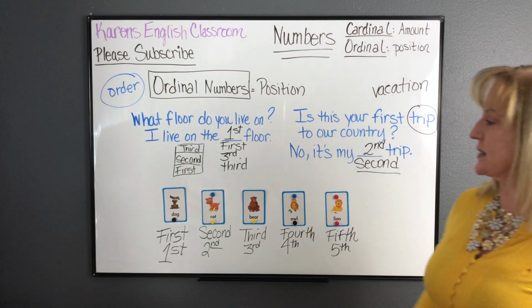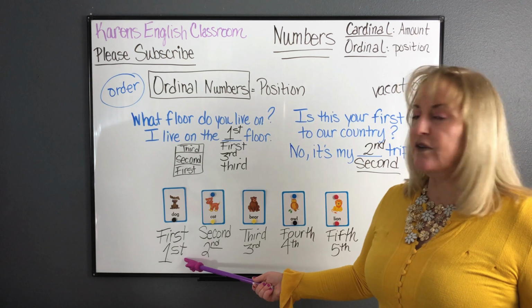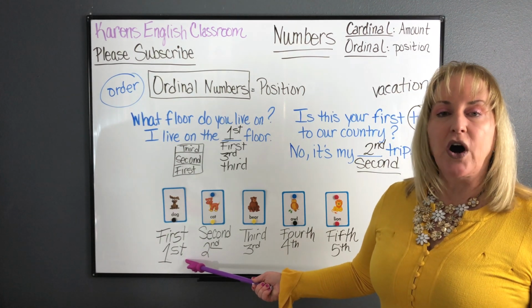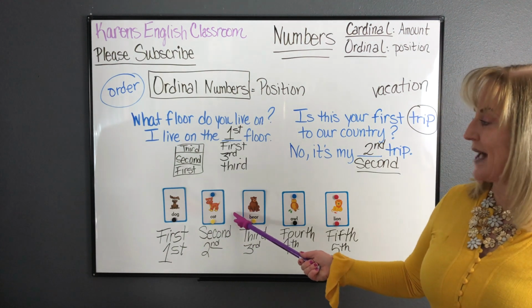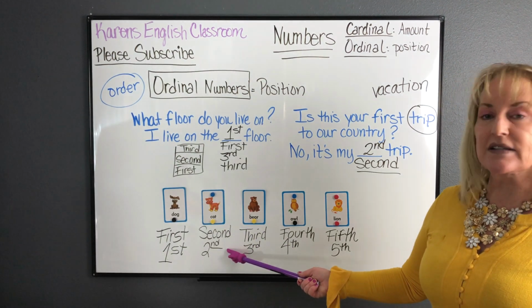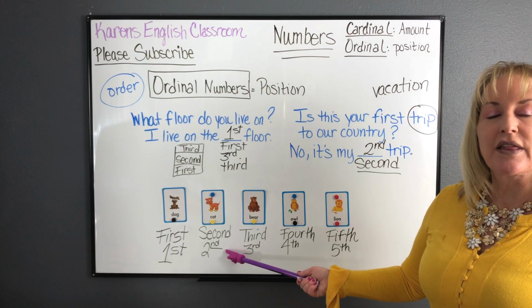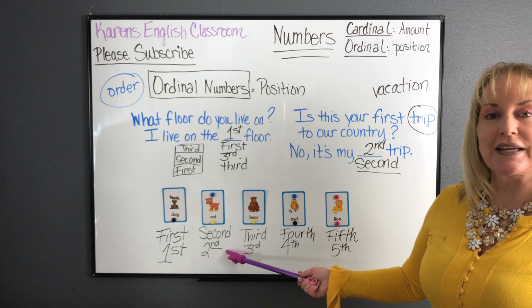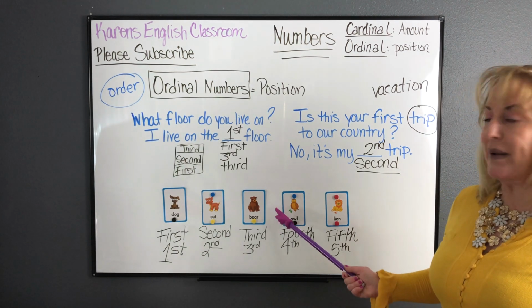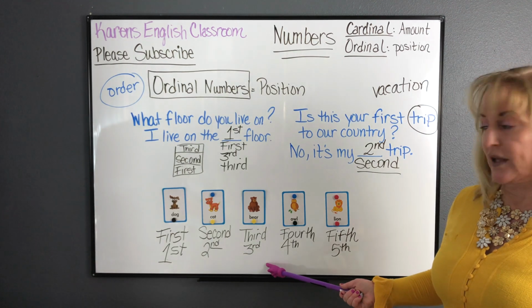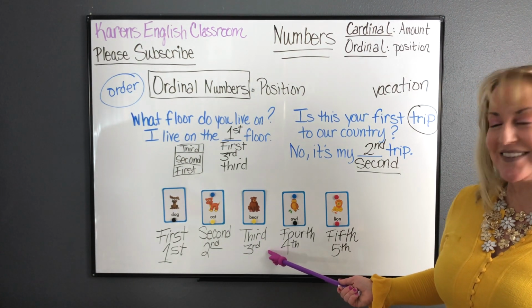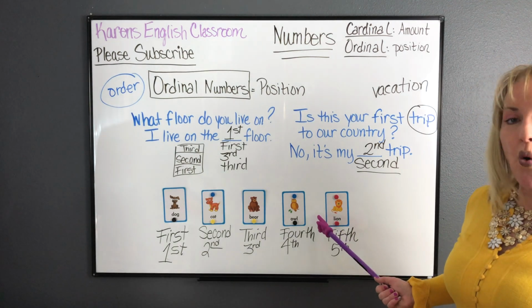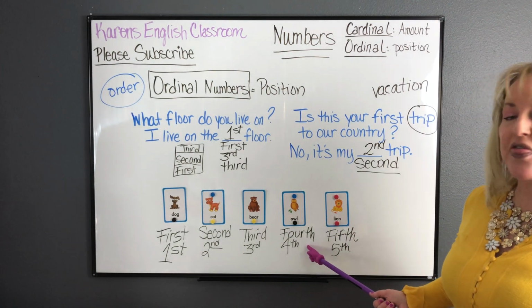Okay, so let's practice. The dog is first. The cat is second. The bear is third. The owl is fourth.